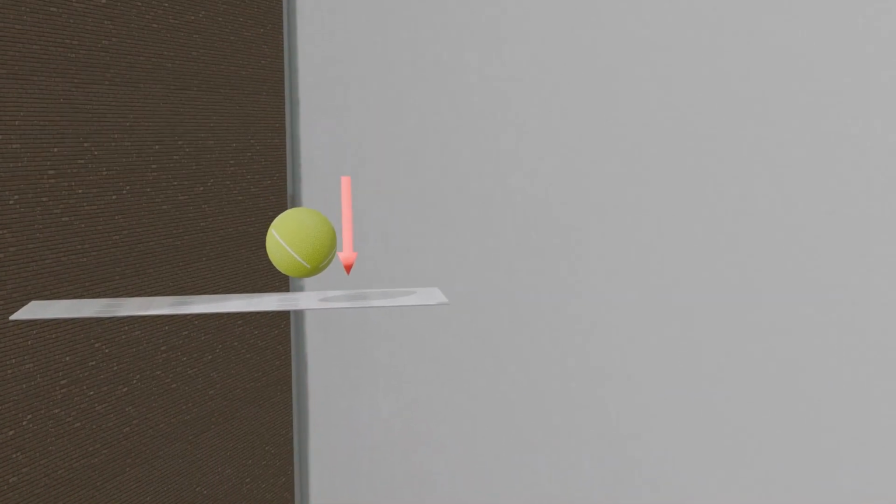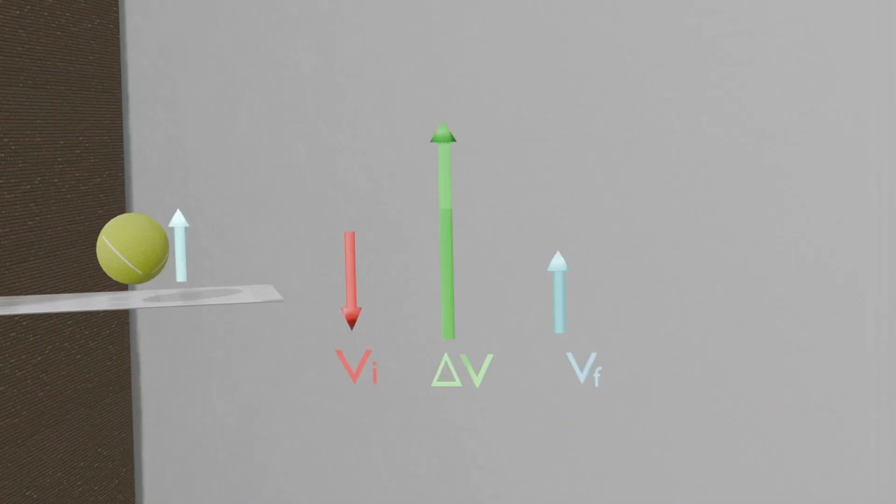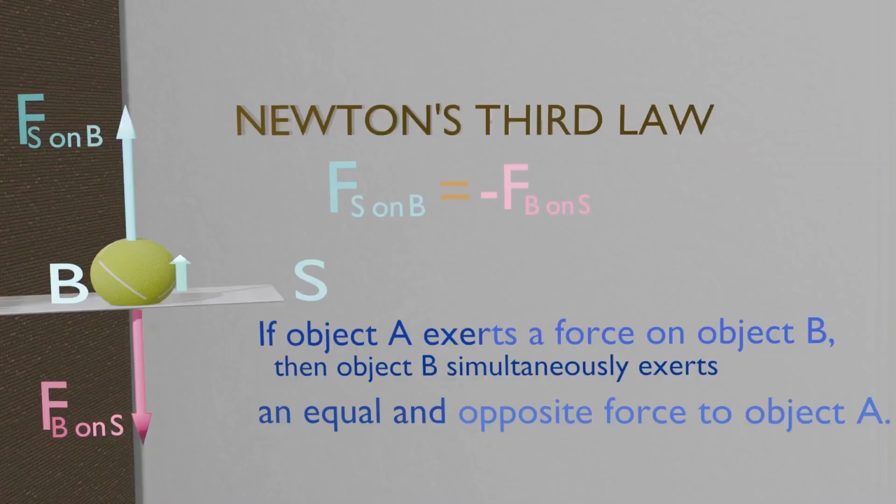Then this ball goes down, and when it reaches the surface, it has velocity v. And what happens when it hits this surface? When it hits this surface, we use Newton's third law. This ball exerts a force on this surface, F of B on S.